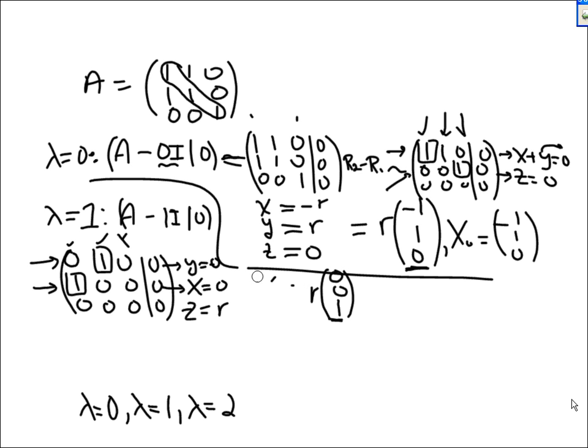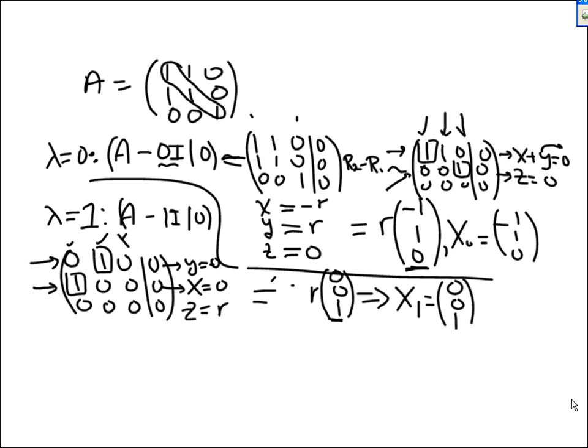Let me just put the big equal sign here, and then say that x1 is 0, 0, 1. Now we have to find the eigenvector when lambda is 2. What's the eigenvector when lambda is 2?